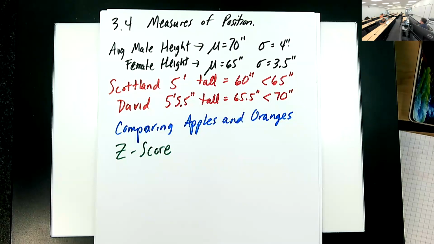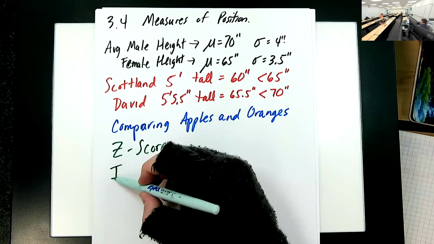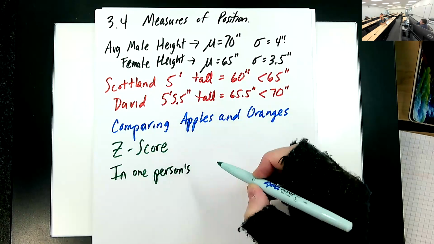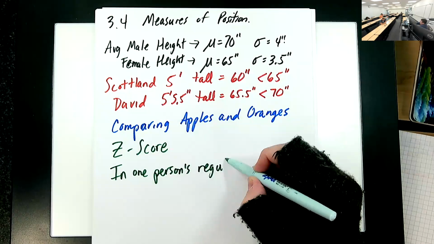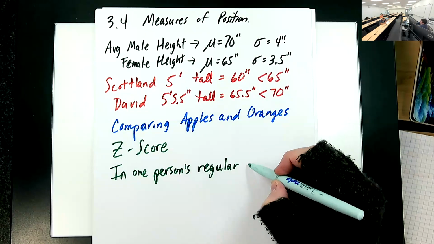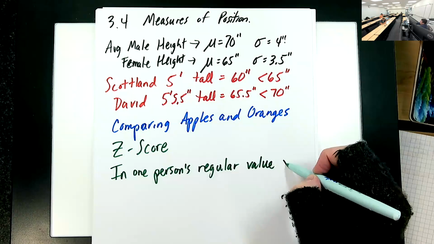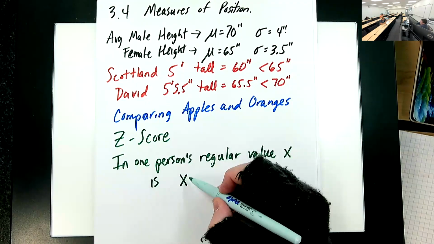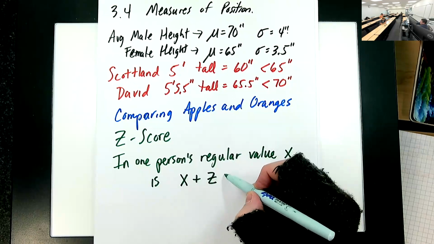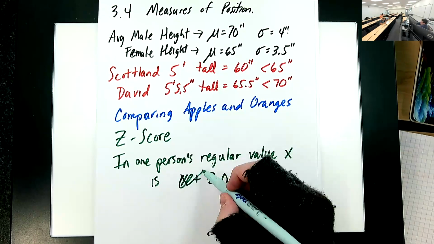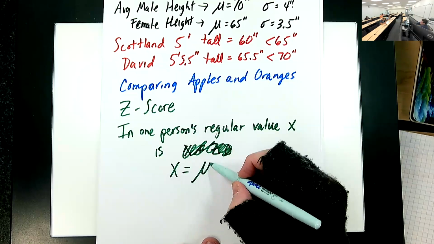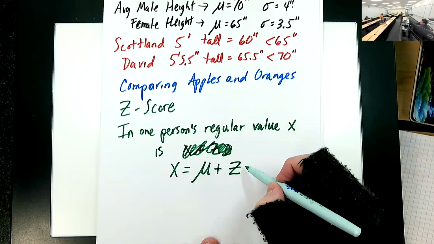And I'll show you the formula for it, but it stems from any one person's score, regular value, not z-score. Regular value x is x equals mu plus z sigma.